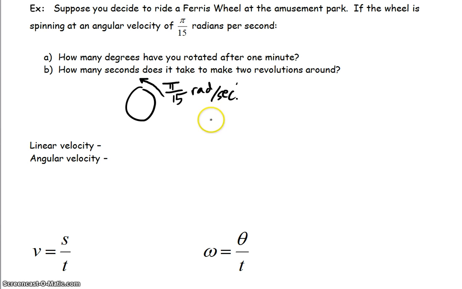We first have to figure out a couple of things here. If it's pi over 15 radians per second, we need to change to degrees, because in 180 degrees there's pi radians.